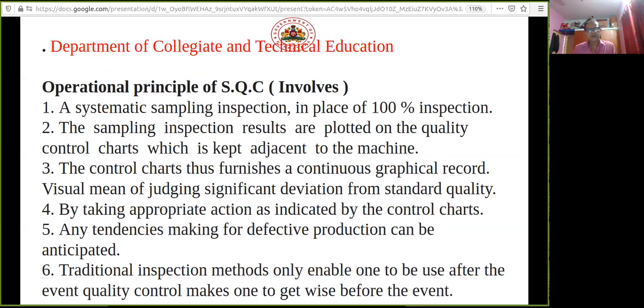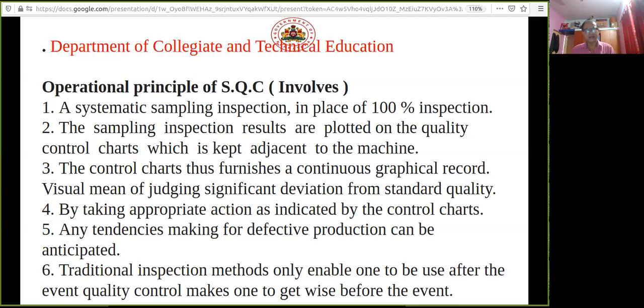Now we'll be studying the operational principles of statistical quality control, how exactly it works. The operational principles of SQC involve, one, a systematic sampling inspection in place of 100% inspection. So we are not concentrating on the normal inspection, that is the 100% inspection.